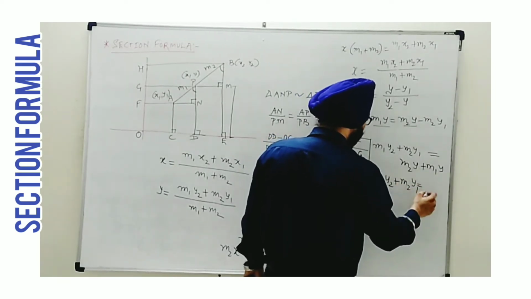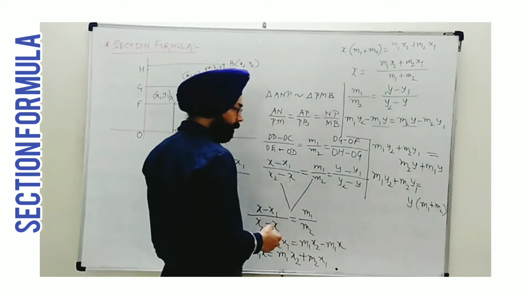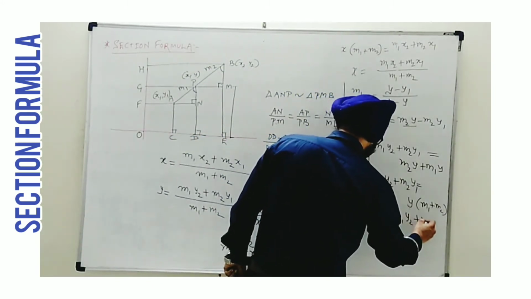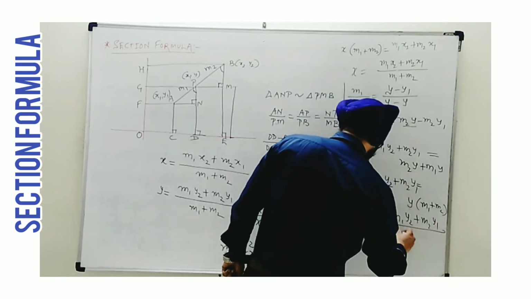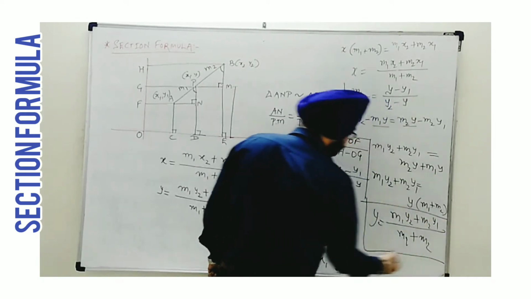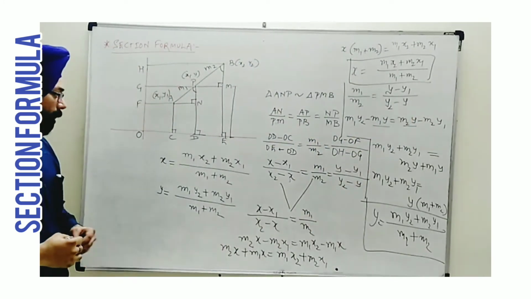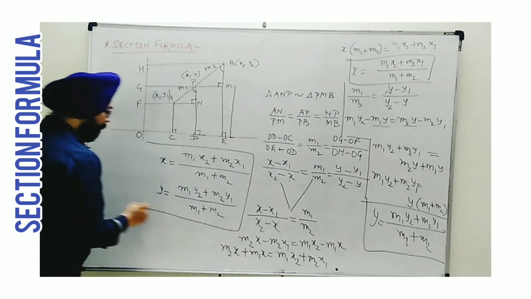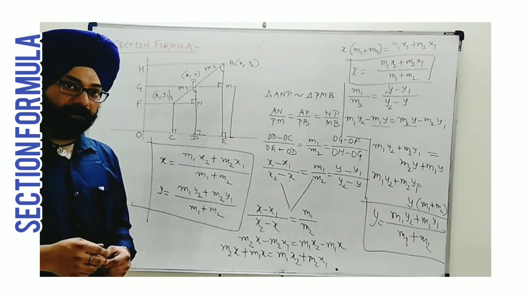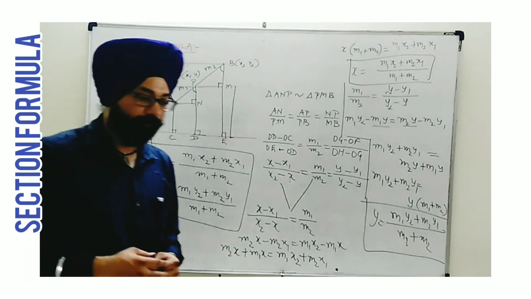Finally, this Y can be written as M1Y2 plus M2Y1 upon M1 plus M2. So this way we get the ordinate relation also. This was the abscissa, and here we have got the ordinate. So this is the section formula, which is applicable whenever three points are collinear. I hope it's understood to you.